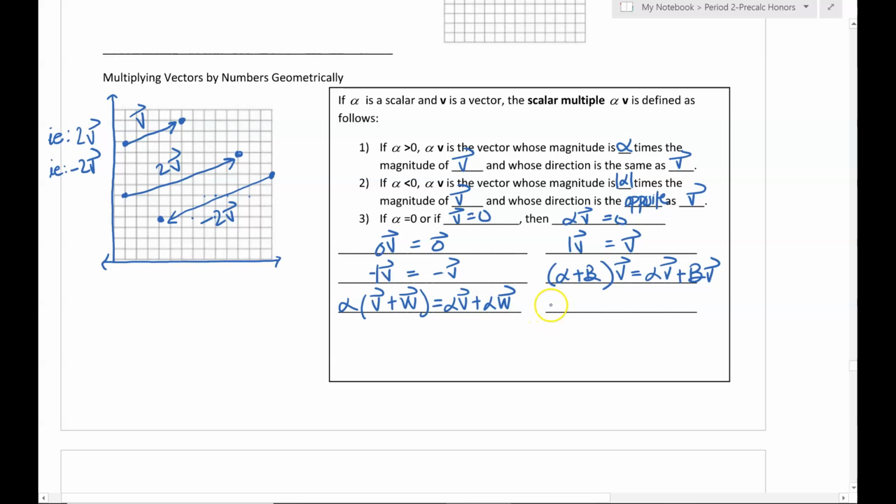Now what if we have alpha times vector v, but vector v was already multiplied by beta? It's okay. We get alpha times beta first, two scalars multiplying each other first, and then we multiply by vector v.